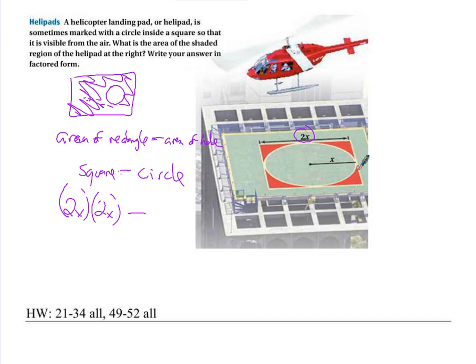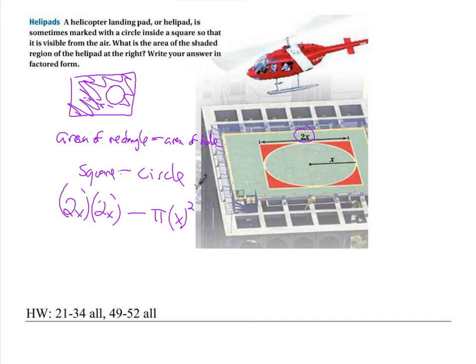So the area of the circle is going to be, we're just going to use the symbol pi, pi times r, which is x squared. Now, what's that? The radius is squared, yeah. The pi is not squared, but the radius is squared.